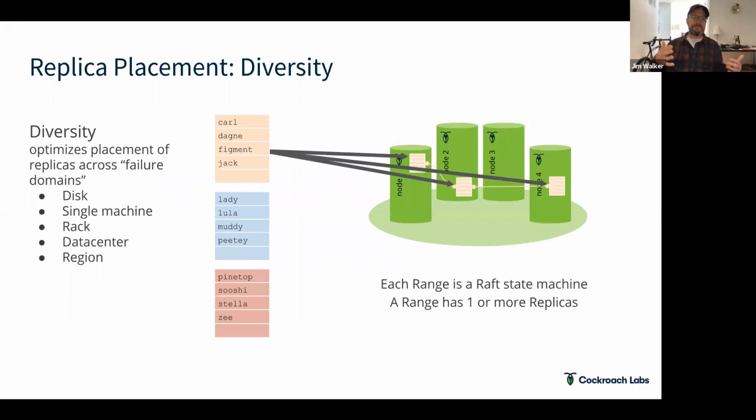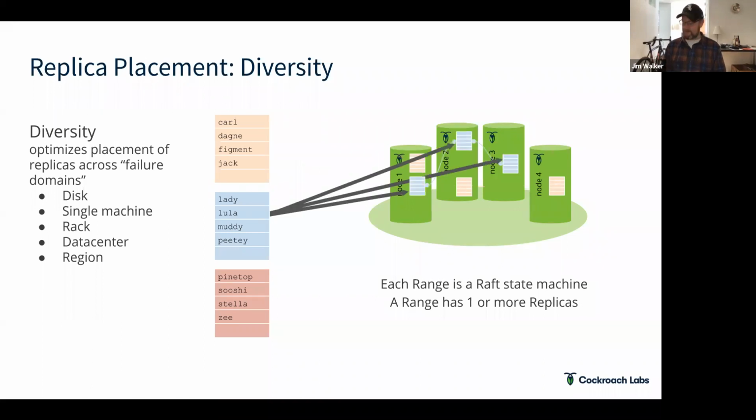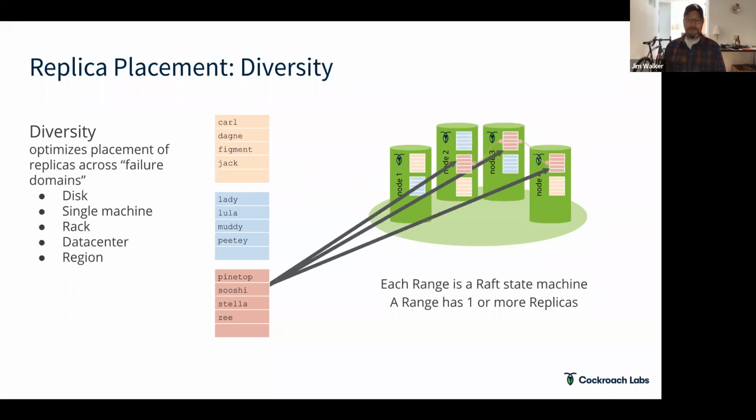So here's my table. This first range, which has the dogs of Carl to Jack, is going to be written to physical nodes. The physical nodes are represented as cylinders on the right-hand side. We're basically going to start writing them. I'm going to write the second range to 3 different nodes, and the third range to 3 different nodes.